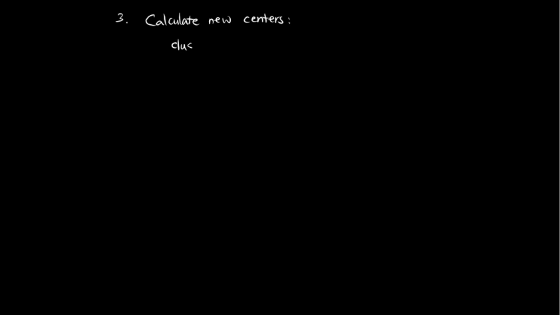With the new labels, we can say cluster J consists of all the points with label J. And after that, we can say mu_j is equal to the center of cluster J.